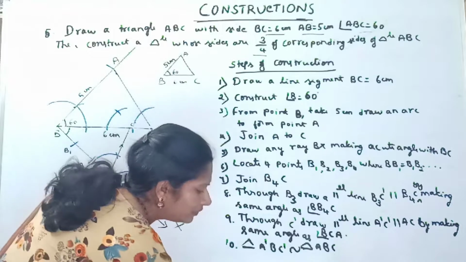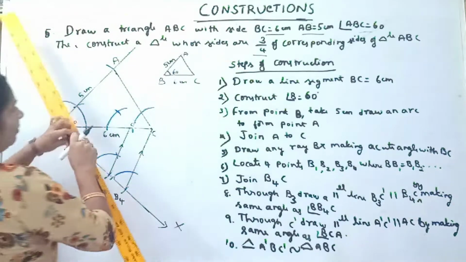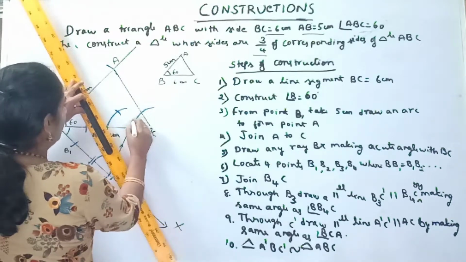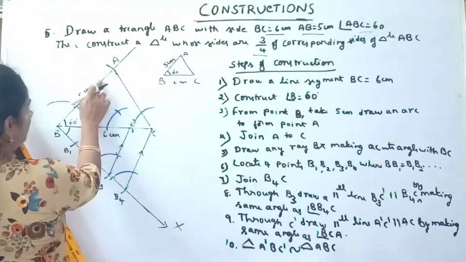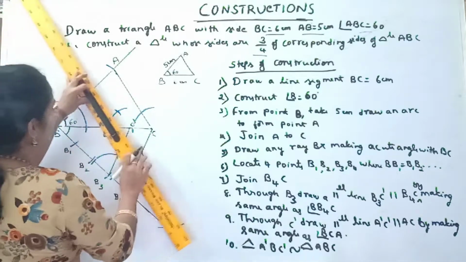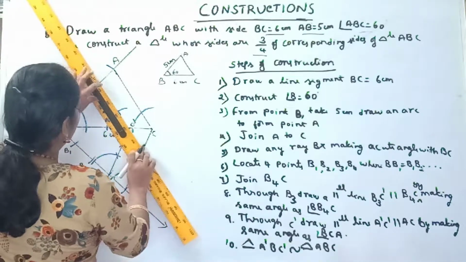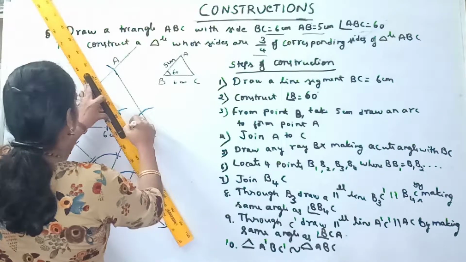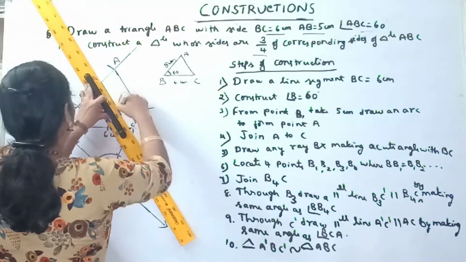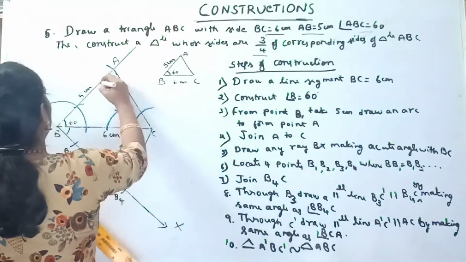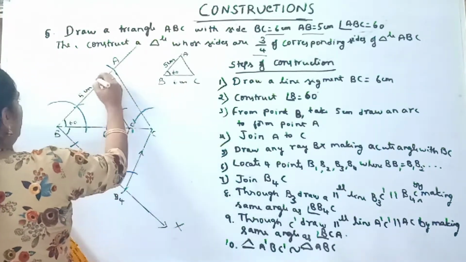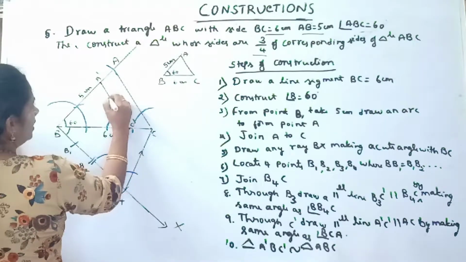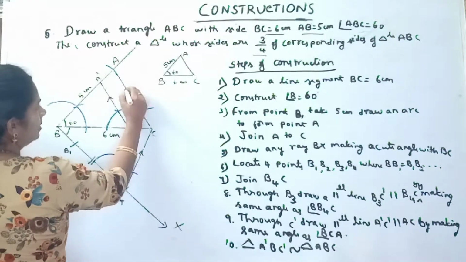Now here we are finding one more point. Join C dash and this point, and let it intersect AB at A dash. Now C dash A dash is parallel to AC.